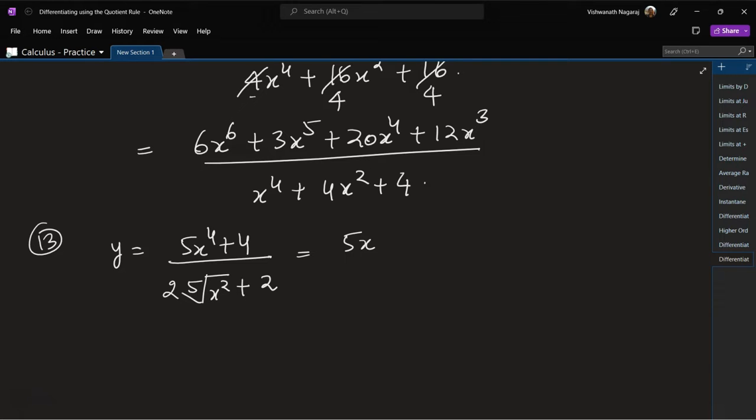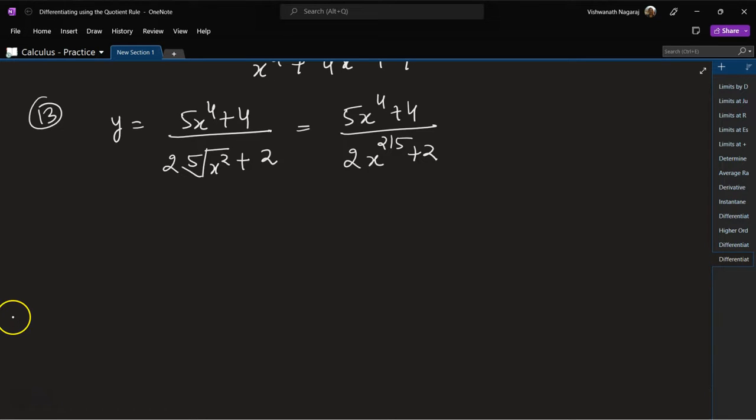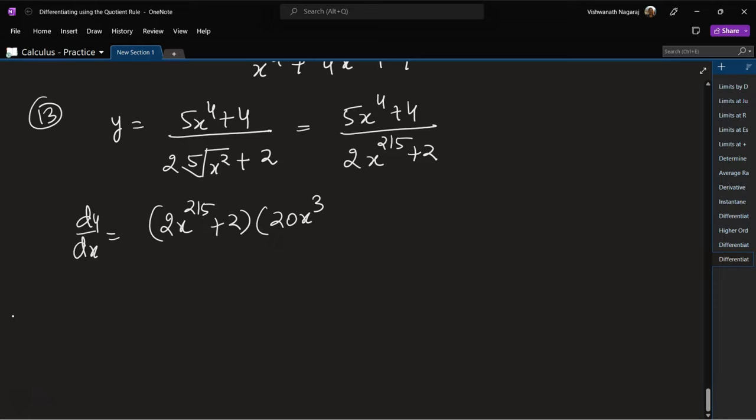So 5x to the power of 4 plus 4 by 2 times x to the power of 2 by 5 plus 2, right? So now dy by dx is equal to the denominator as it is and derivative of the numerator, so 20x cubed, minus the derivative of the denominator.